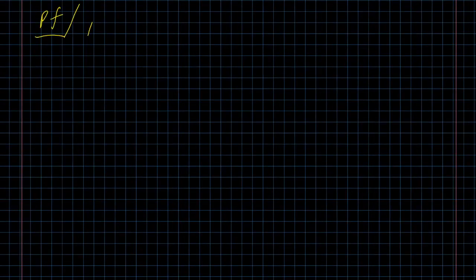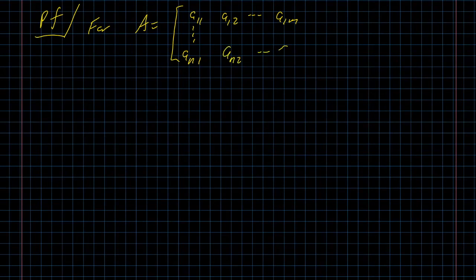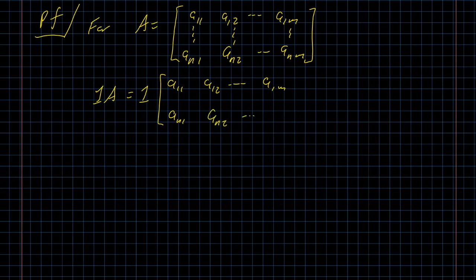For matrix A, which has entries A11, A12, A1M, AN1, AN2, ANM, we can think about 1A, which is 1 times that matrix, and the rule of scalar multiplication says multiply each entry in turn.